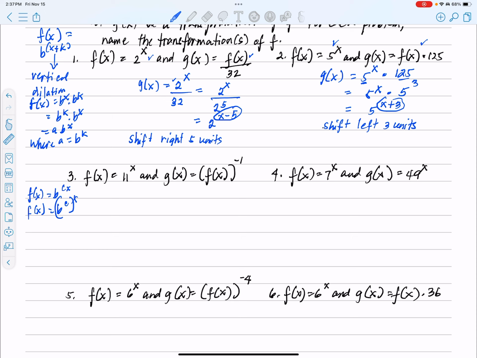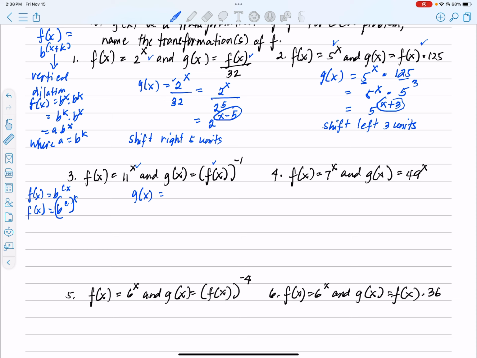So there are several things that are taking place here. You can raise that to a power. Let's say, if we were going to rewrite this, f of x is 11 to the x, right?